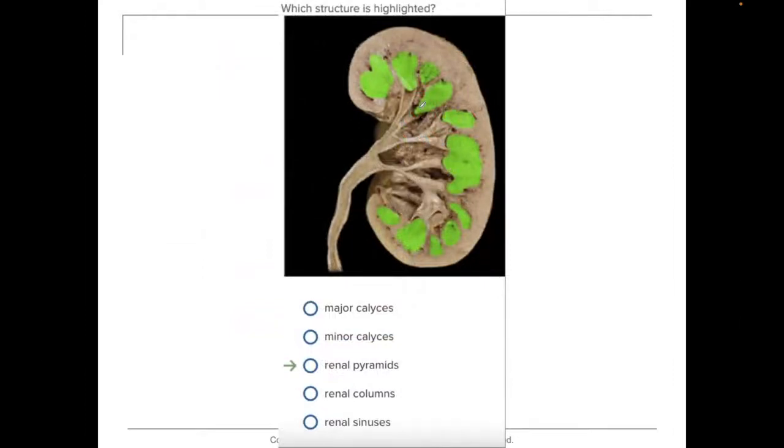Right here, this outer portion is the cortex. If we go a little deeper, it's the medullary part, but they're making the shape of pyramids. So those are the renal pyramids. What would be the columns? The columns would be here, in between the green in these spaces. Those would be the renal columns, okay?